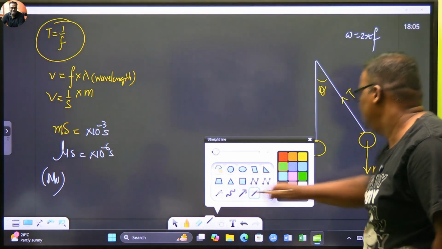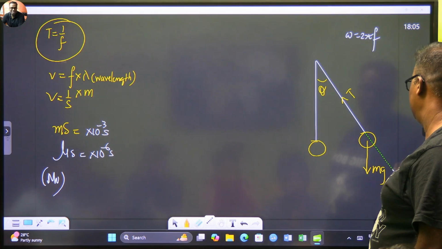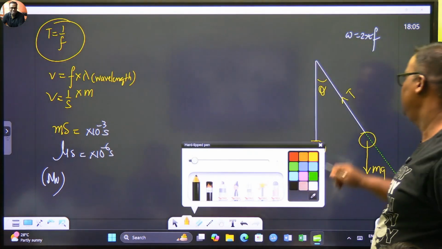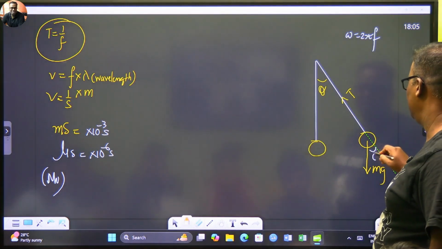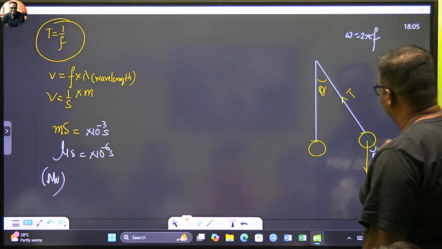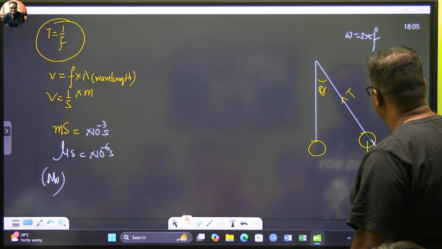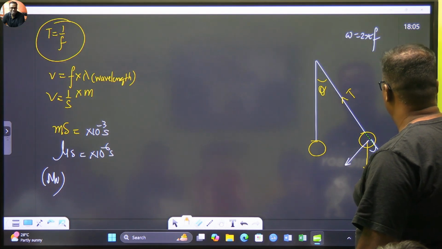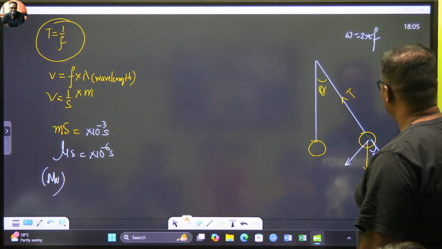Now we break it into its vector terms. If you extend this like this, and this is theta, then as per geometry, by corresponding angles, this should also be theta. And mg is a force, so we break mg into its components. One component this side and one component this side. What is this component? mg cos theta. So this will cancel out tension.